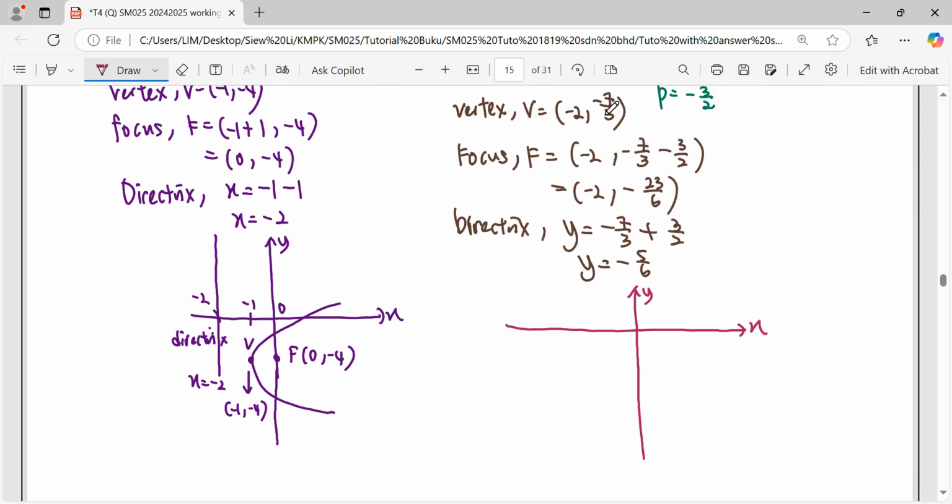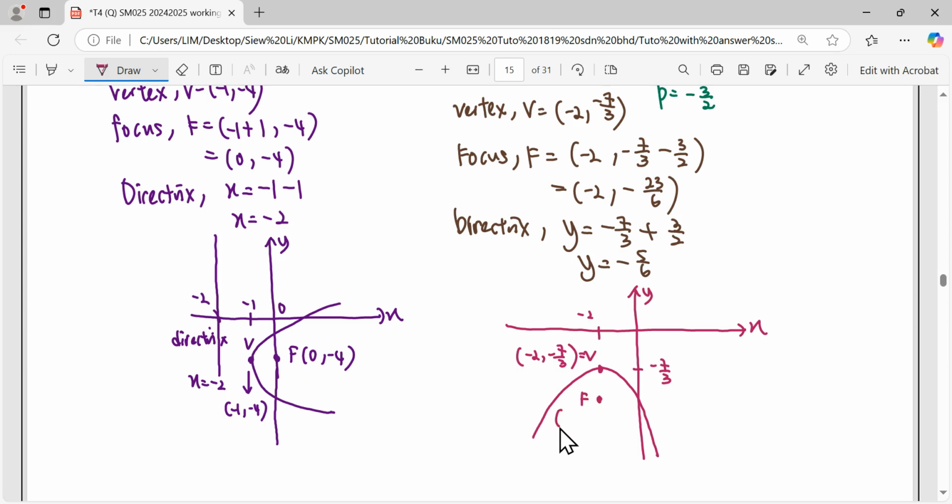Start with the vertex, negative 2 and negative 7 over 3. The parabola opens downward, so label this point as the vertex, negative 2, negative 7 over 3. The focal point is a bit further downward, which is here.